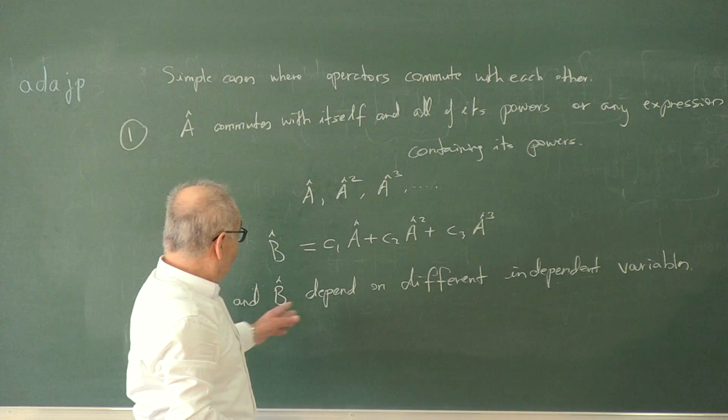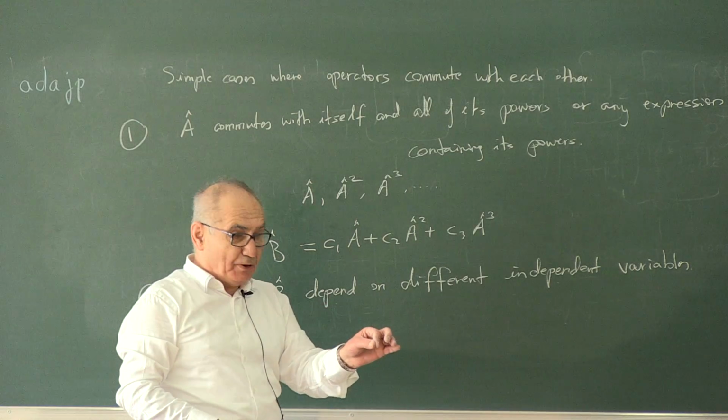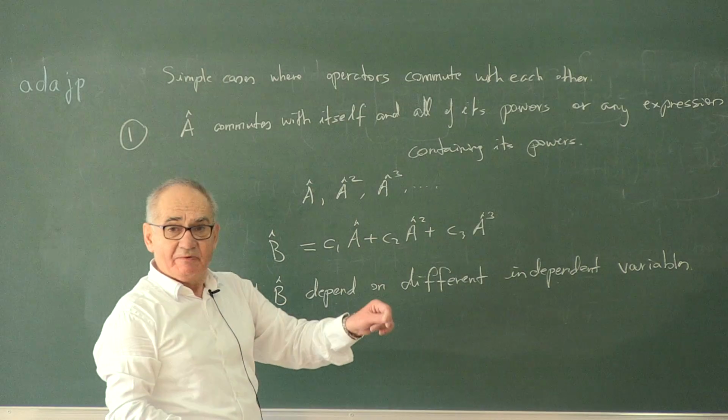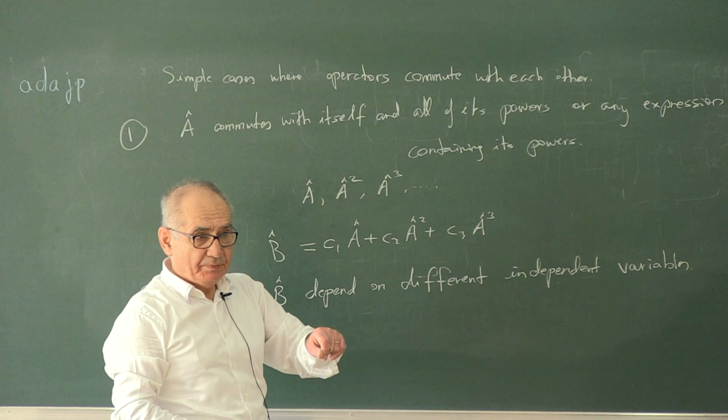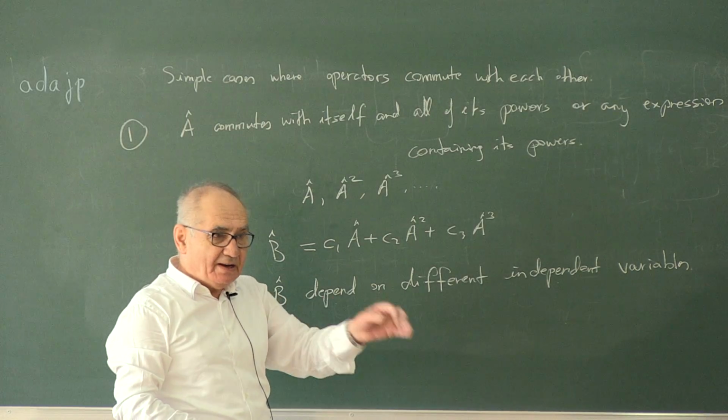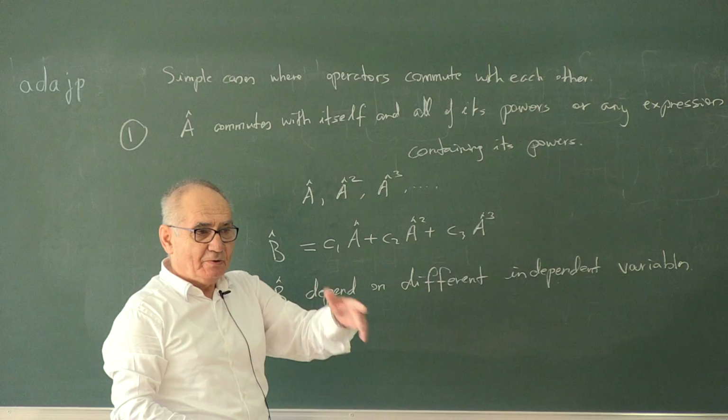If A depends on, for example, X variable, but B depends on Y variable, these two variables are independent, then A and B automatically commute.